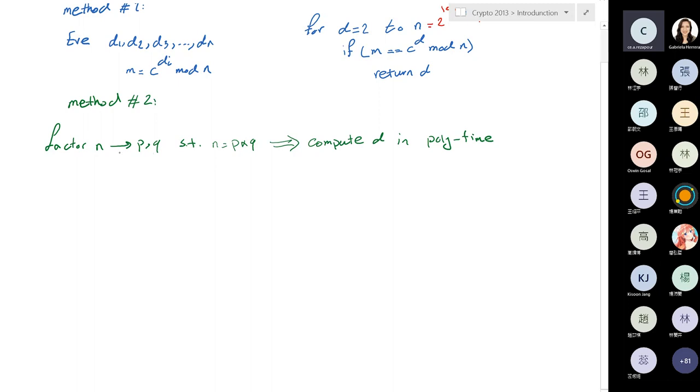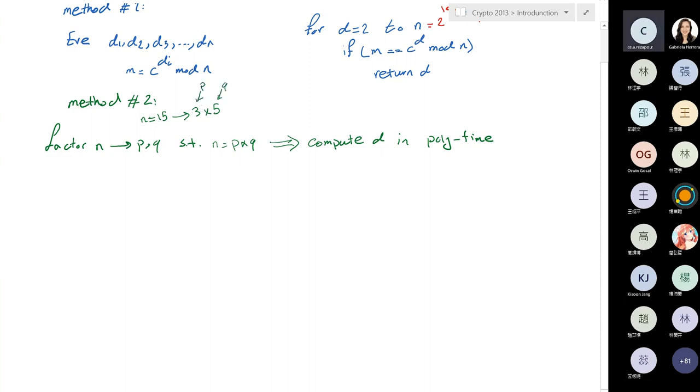A small example of factorization: if I give you n equals, for example, 15, and I ask you what is the factorization of n, you need to give me 2 prime numbers so that when you multiply them, you get 15. So the numbers are 3 times 5. This one is p, for example, and this one is q.